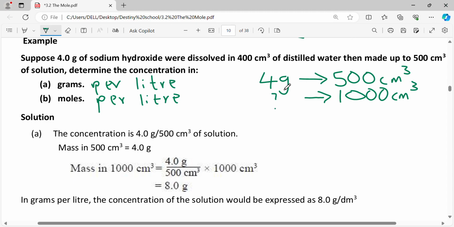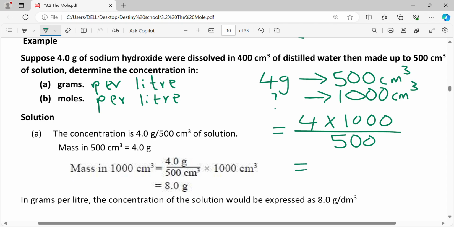Then this one is if. You just cross multiply. This times this, you divide by that. Ensure that whatever has the same units are on one side. So that is 4 multiplied by 1000, then we divide by 500.